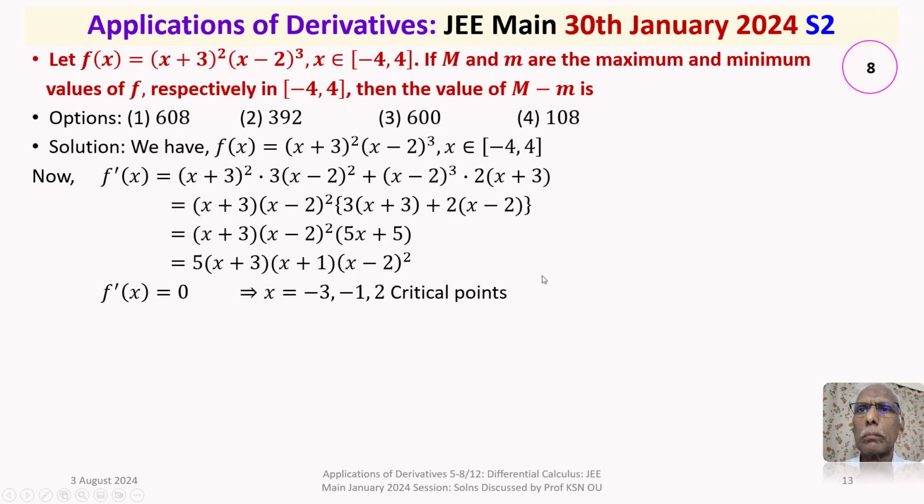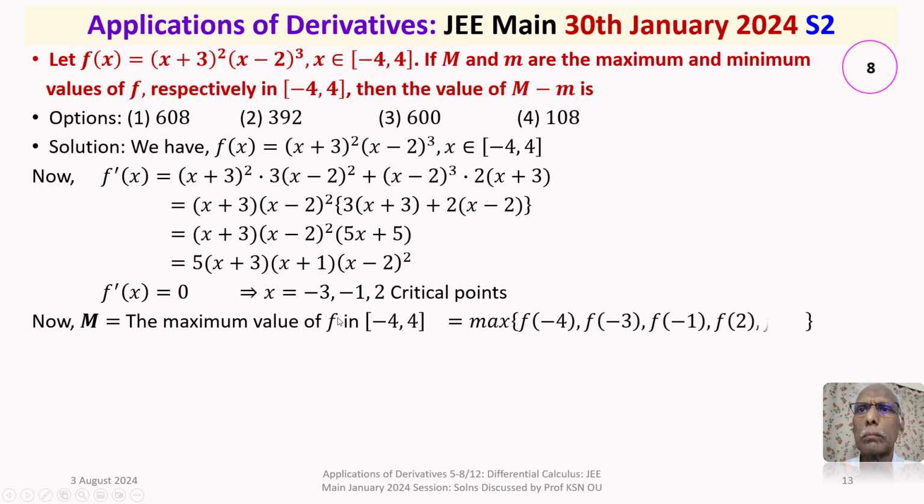Agreed. Now there is no need of going into and discussing the local maxima, local minima and all that. Now, because it is a closed and bounded interval, it is given. We consider capital M to be the maximum value of f in the closed and bounded interval minus 4 to 4.